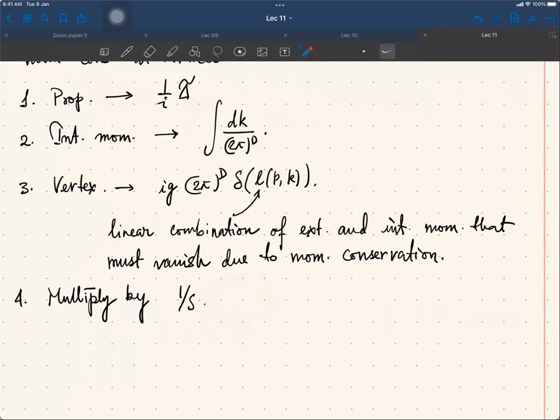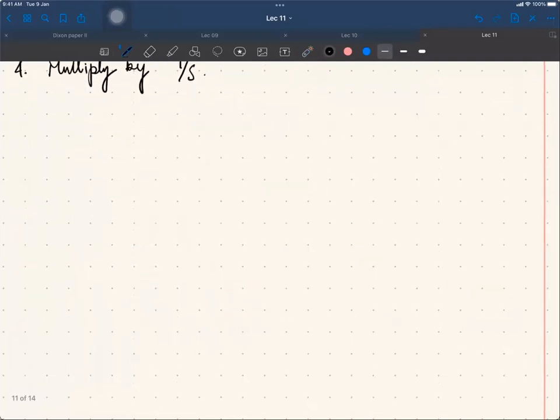So let us demonstrate this with the same example here, but now using this Feynman rule. So this is P1, P2, P3, and P4, and these are the external momenta. They are labeled in the same way as earlier.